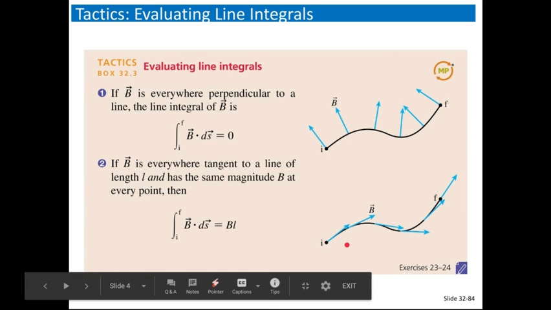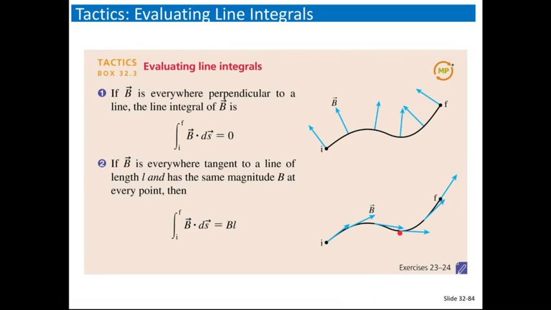Here, this magnetic field plays extremely nicely with the path I've chosen, because no matter where I look along the path, the field is parallel to the path, right where it touches. Right here, where this field vector touches, it's parallel to the path.